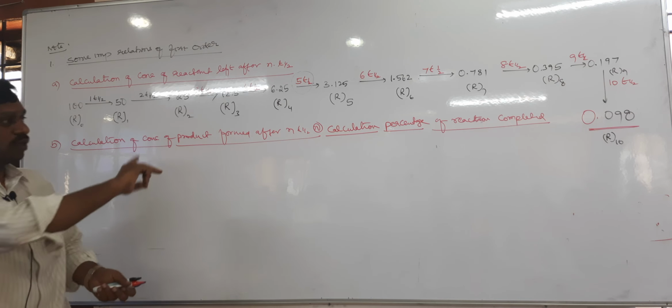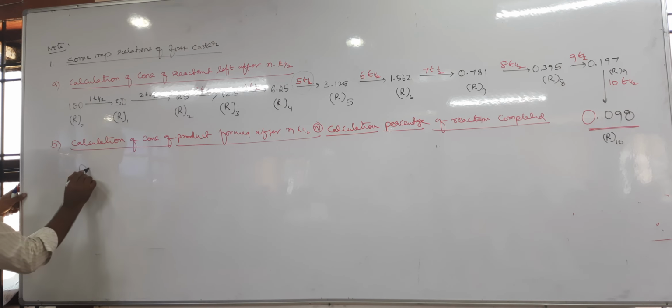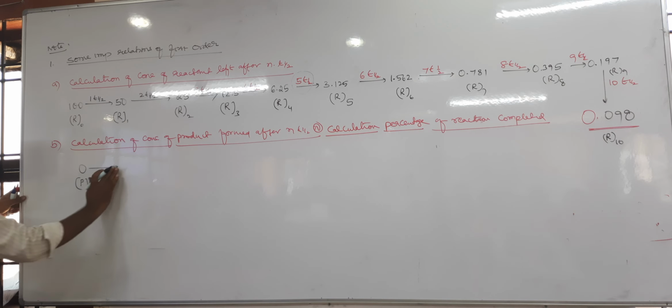So both give the same meaning. Now let us take initially: what is the concentration of product? 0. Let us take the initial concentration of product as P naught, initially. Now tell me, after t half, what is the concentration of product formed?